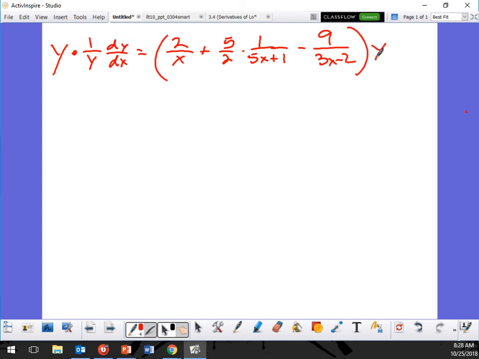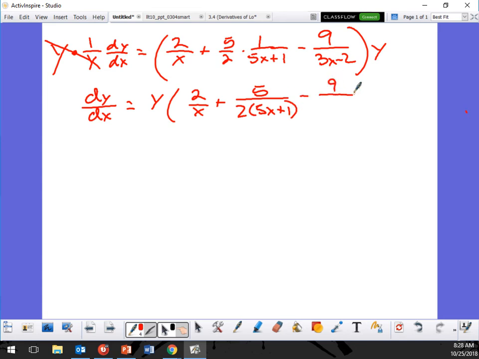So the y's over here are going to cancel, so I'm left with dy/dx equals, okay, I'm going to put the y out front now. y times the quantity 2 over x plus, I'm going to just clean this up, 5 over 2 times 5x plus 1, minus 9 over 3x minus 2.